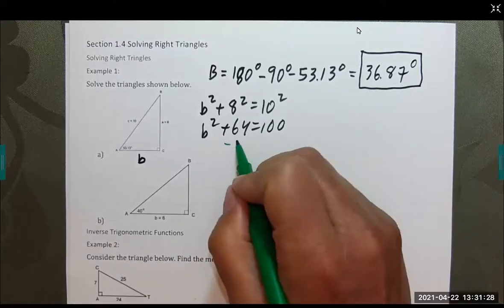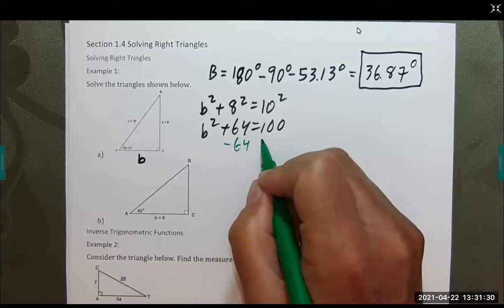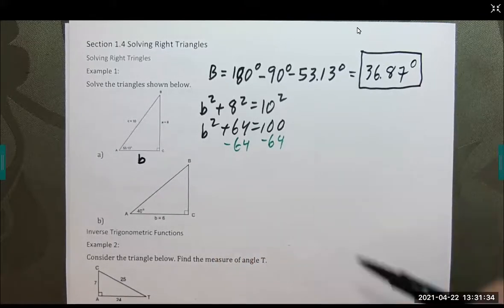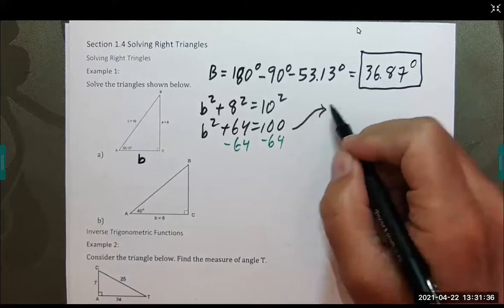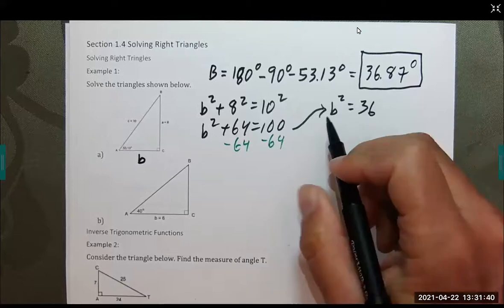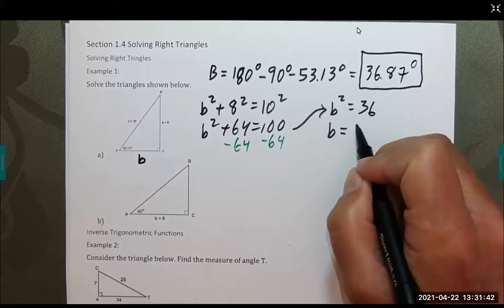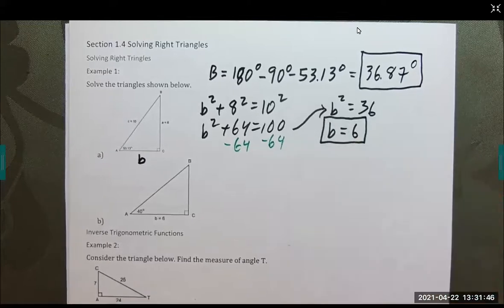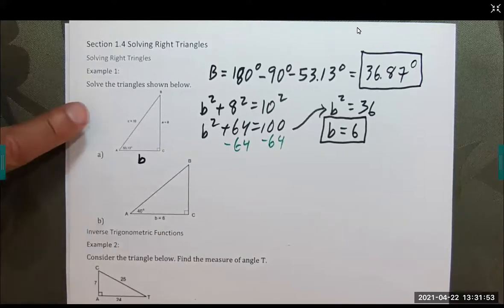Solving for b, b squared is equal to 36, which means that b is 6. And we don't have a unit on this. If we did, we would say 6 feet, 6 meters, whatever the case would be. So we have solved this triangle. We didn't even really use any trigonometry on this one, just a little geometry, a little algebra.